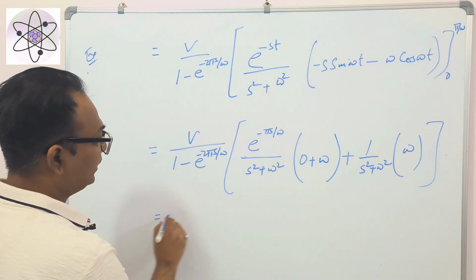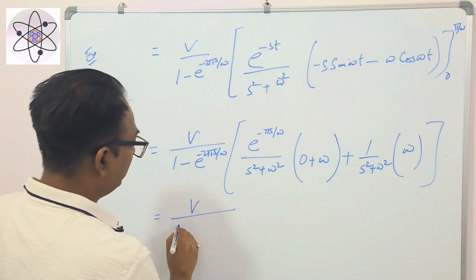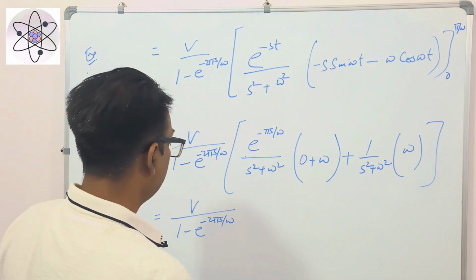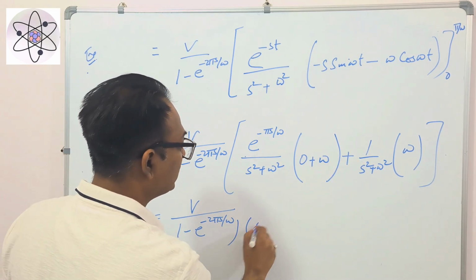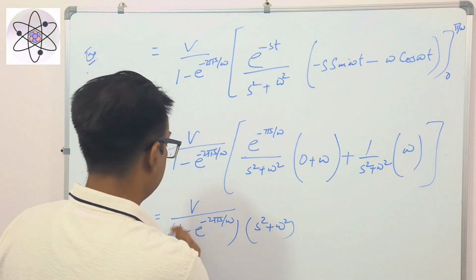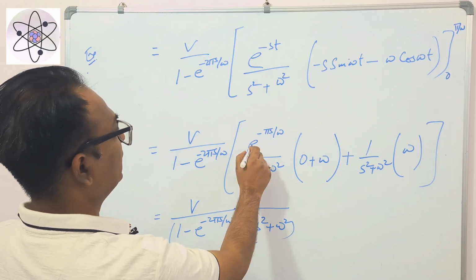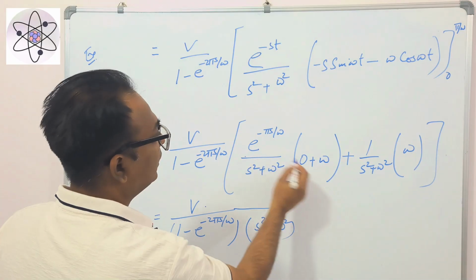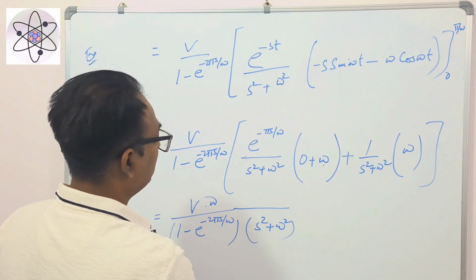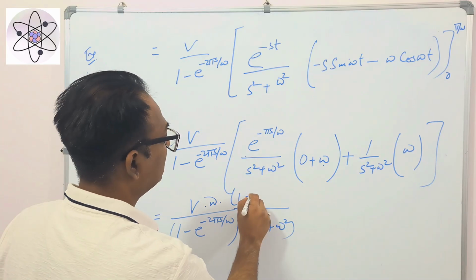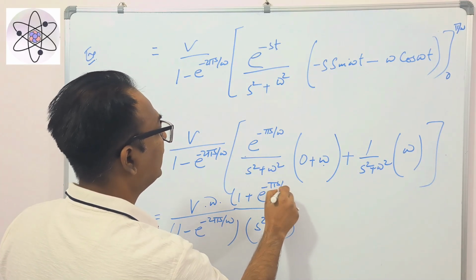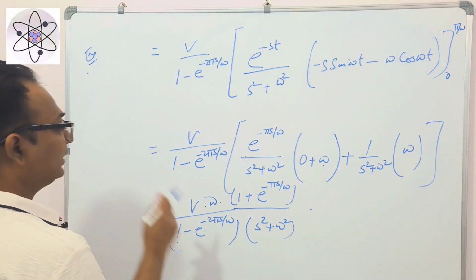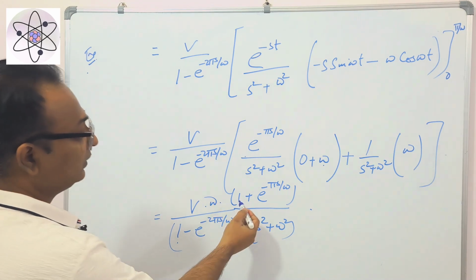So this can be written as V by 1 minus e to the power minus 2 pi s by omega, into s square plus omega square, which is common. Omega is common, so we can take out omega, and then this is 1 plus e to the power minus pi s by omega. But we see a pattern here. This is a square minus b square, and this is a plus b.